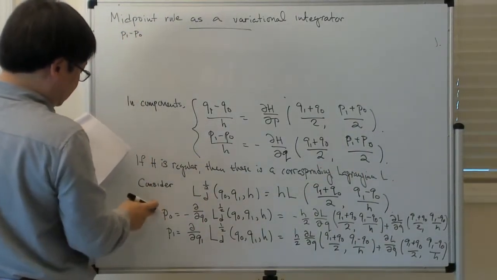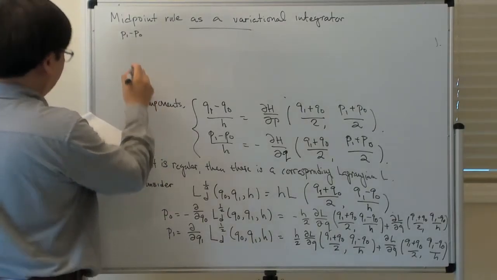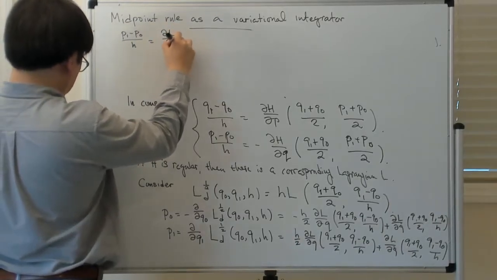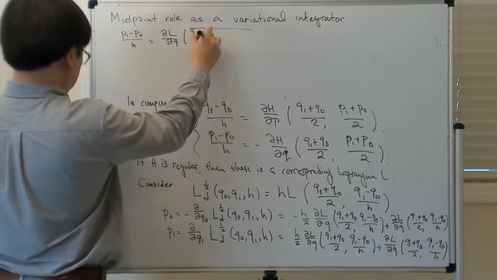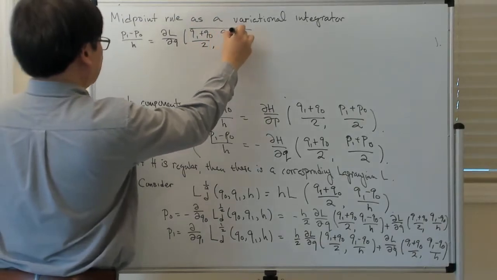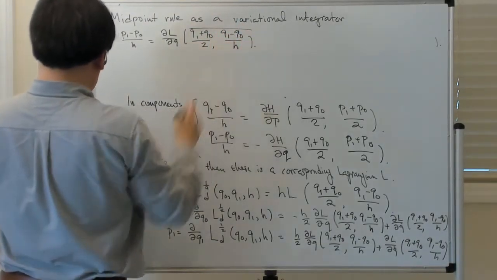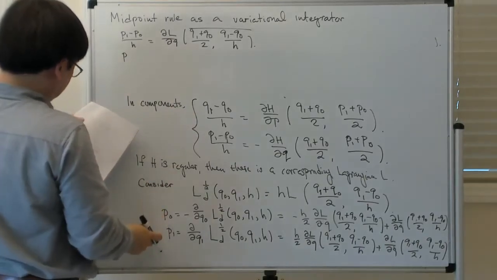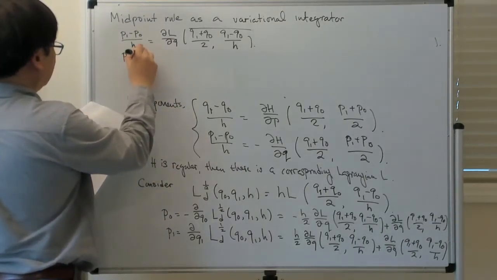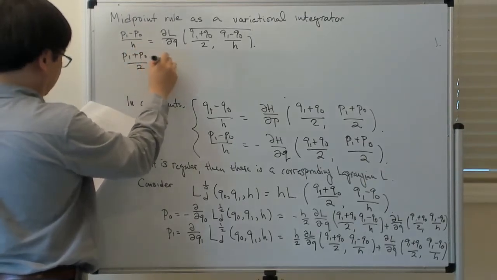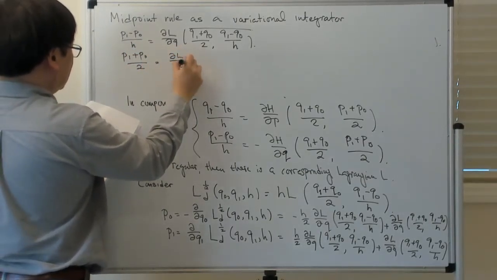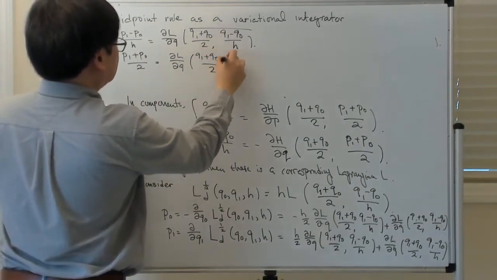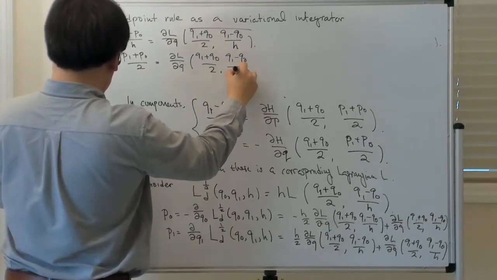If I take this and subtract p0 and divide by h, you get dL/dq at (q1 plus q0) over 2, (q1 minus q0) over h. And on the other hand, if you add the two of them and average them, (p1 plus p0) over 2 gives you dL/dq-dot at (q1 plus q0) over 2, (q1 minus q0) over h.